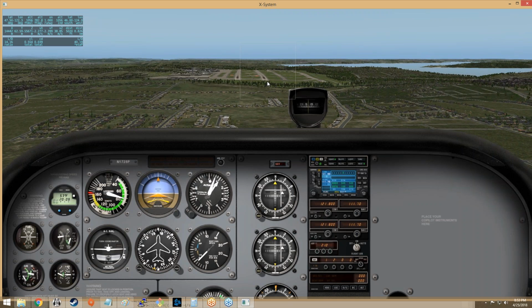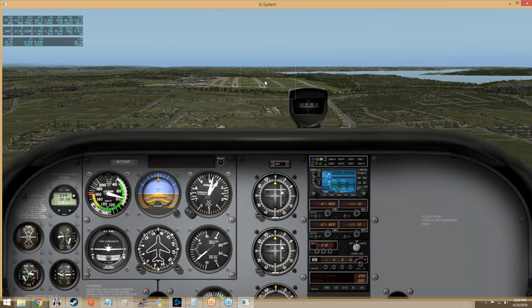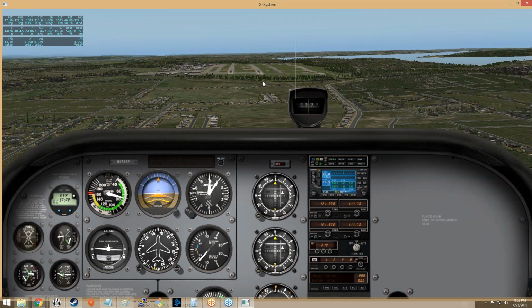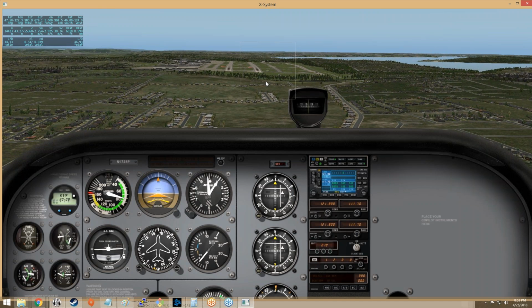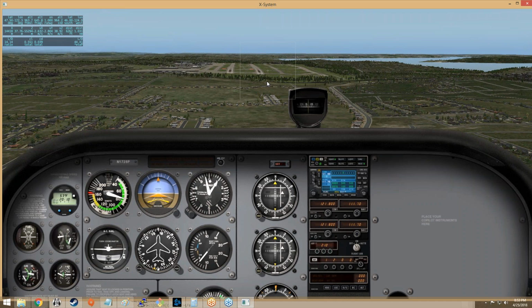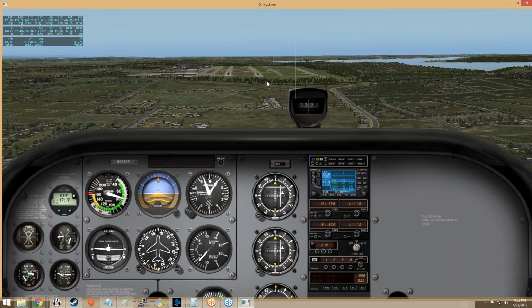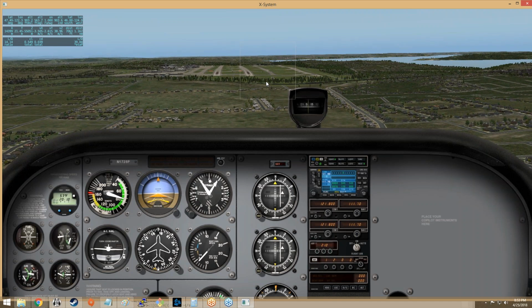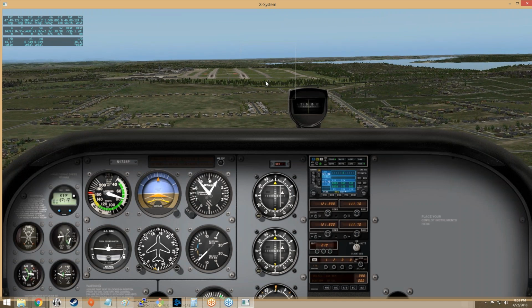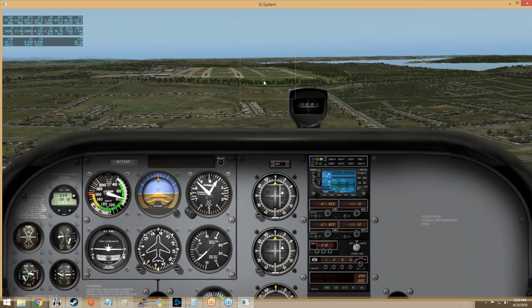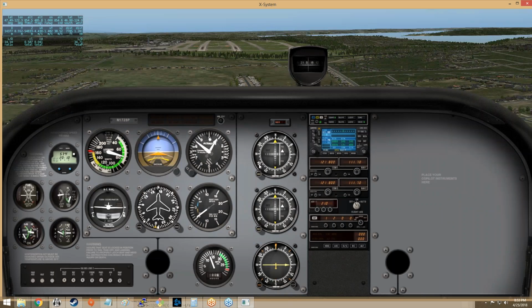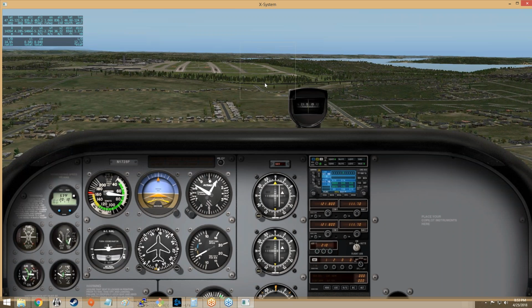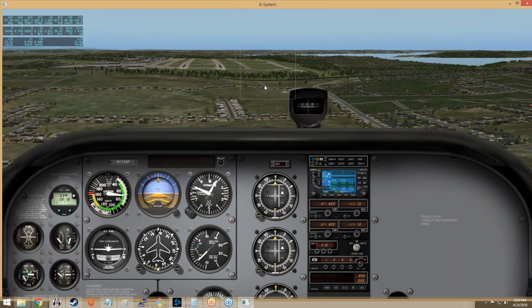We started at about 1,200 meters, I believe. Really should have kept track of that one. There, now the engine isn't running at all.